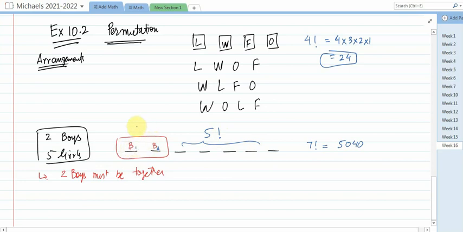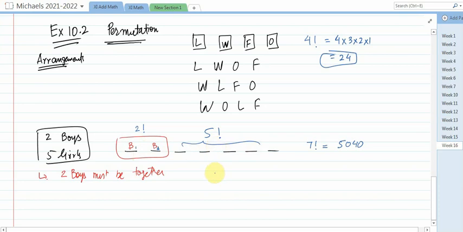So the possible arrangements they can shuffle is 2 factorial. And now the placement of these 2 boys, they can stand at these spots, 1, 2, 3, 4, 5. So the placement of these 2 boys can be shuffled, right? But the condition is these 2 boys must stand together.